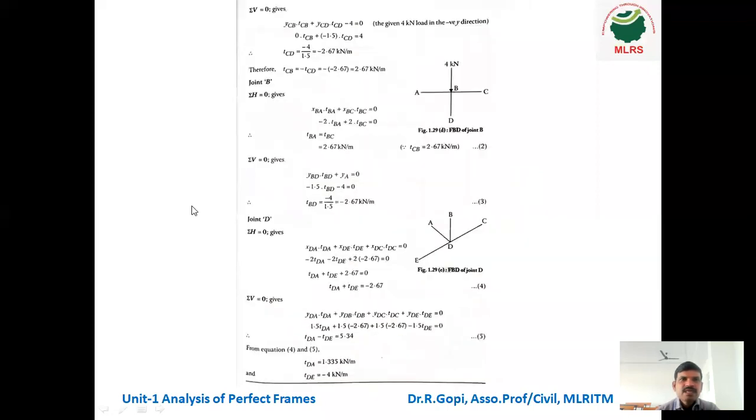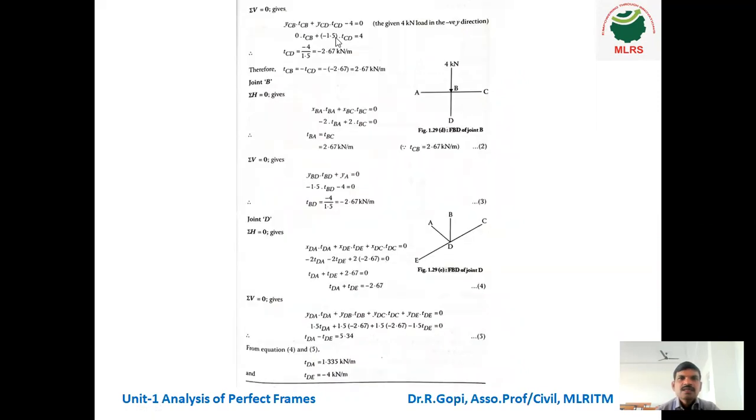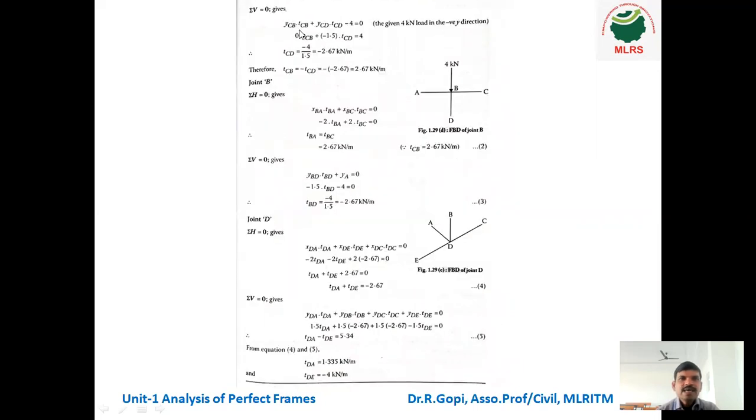Here you can see YCB TCB plus, whatever we wrote before, the same thing, but instead of X we put Y. Also, there is one vertical load acting at joint C in the Y axis. It is acting downward, so put minus. Therefore YCB TCB plus YCD TCD minus 4 equal to 0.